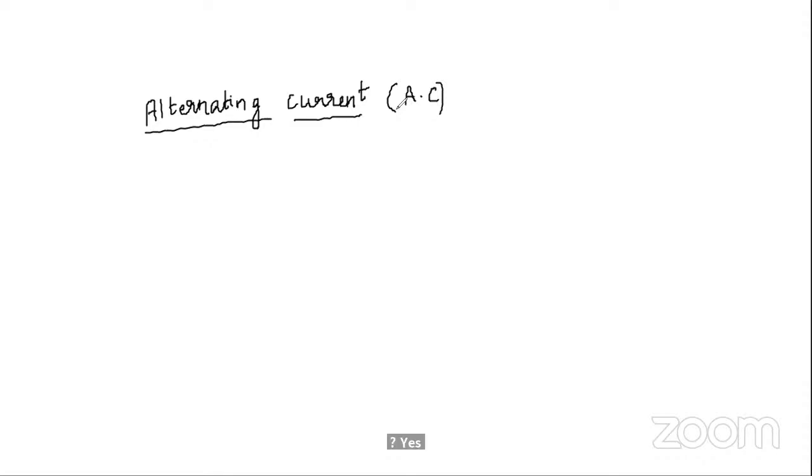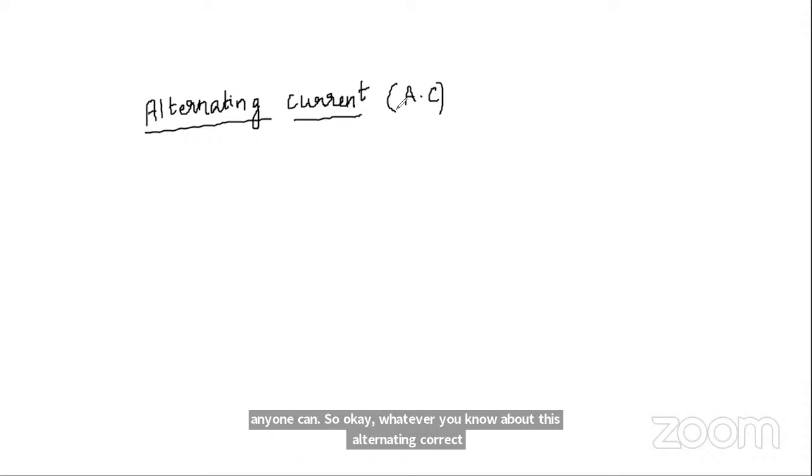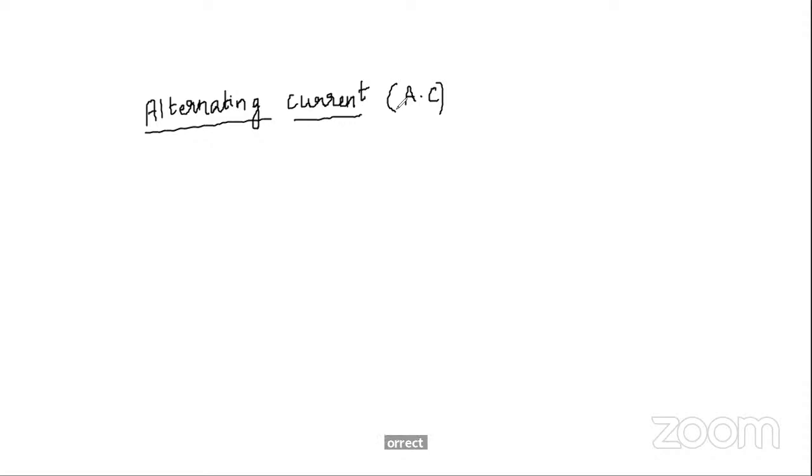Anyone can tell whatever you know about alternating current. You can simply unmute yourself and talk. No issues. Even if your answer is wrong, it's not a big problem.